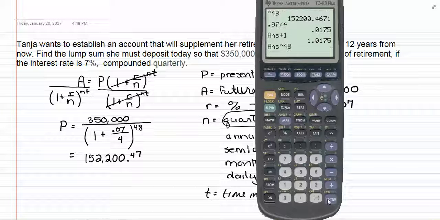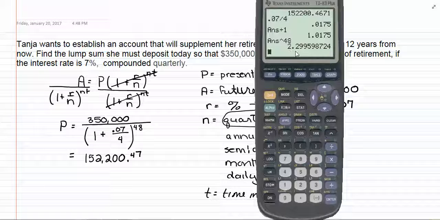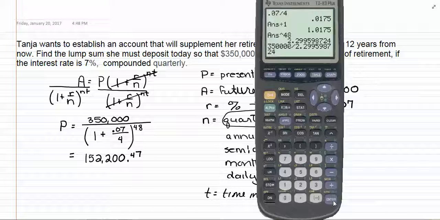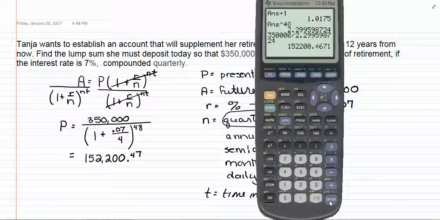Figure out that amount. Write that number down in its entirety, and then take 350,000 and divide it by that entire number, 2.299598724. Okay, and you get the same answer.